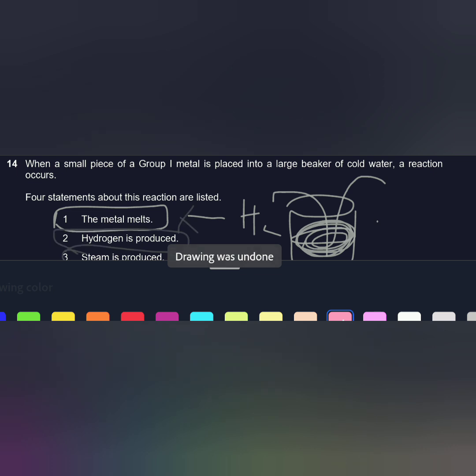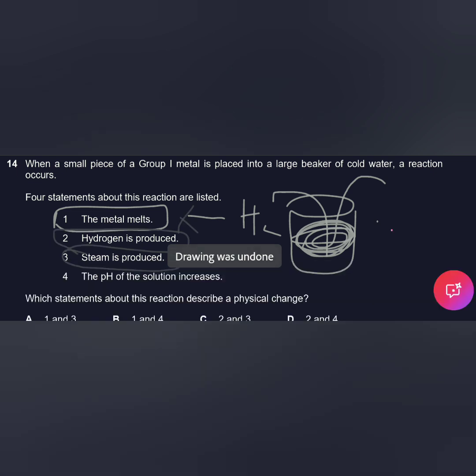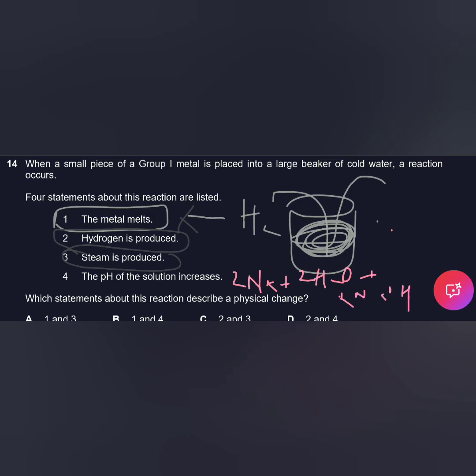Alright, so let's write the equation. 2Na plus 2H2O gives 2NaOH plus H2. So hydrogen gas is liberated and alkali is formed. So steam is produced, that's also wrong.